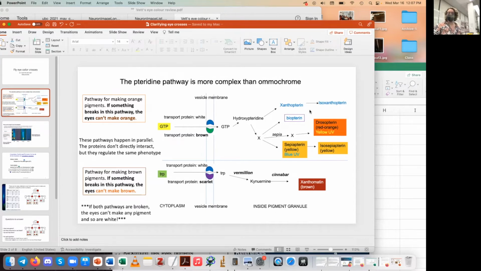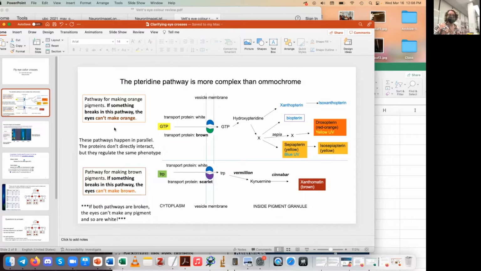So if you have a mutation that breaks brown, you're going to have orange eyes, and you're going to have all of these pigments functioning. And because the pigments are made in the eye after the various different bits are transported there, if you lack white or you lack brown, you can't transport the thing there, then you're not going to make the pigments.